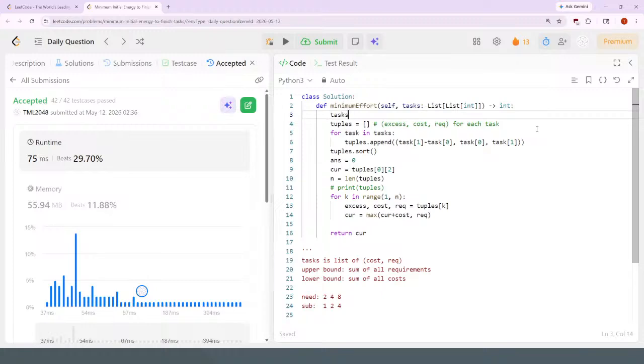So the tasks dot sort, I think the key equals lambda x, where x is each element, sorting it by x at 1 minus x at 0, x at 0. I don't think I need more than that. So this just sorts the tasks as the tuples will be sorted.